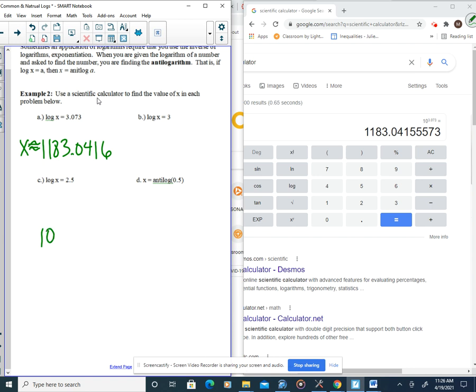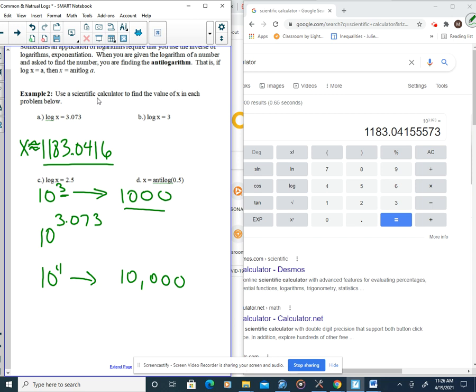And remember, we were trying to find what is 10 to the 3.073 power. Well, 10 to the third power is 1,000, right? 10 to the fourth power would be 10,000. 3.073 is a lot closer to 3, so this answer should be a lot closer to 1,000. So it makes sense.